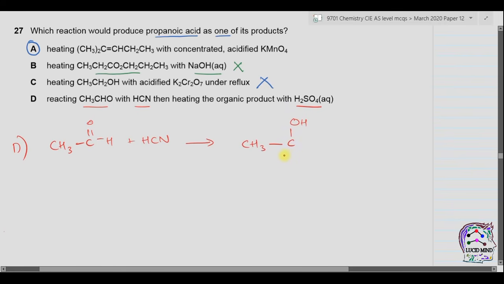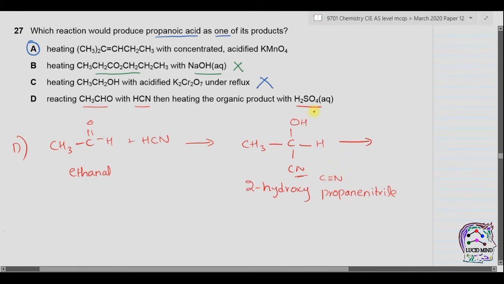A double bonded oxygen gets hydrogen attached and the other carbon gets cyanide. This is ethanal, this is hydrogen cyanide, this one is 2-hydroxypropanenitrile. Nitrile is because of the presence of carbon triple bond nitrogen.